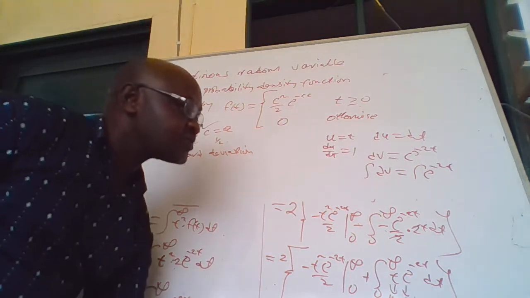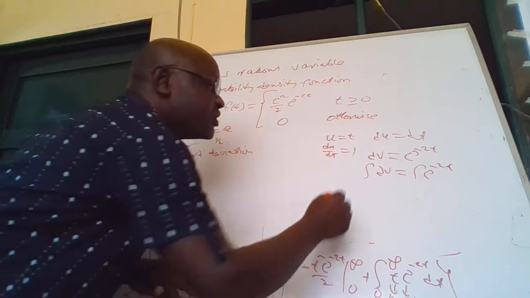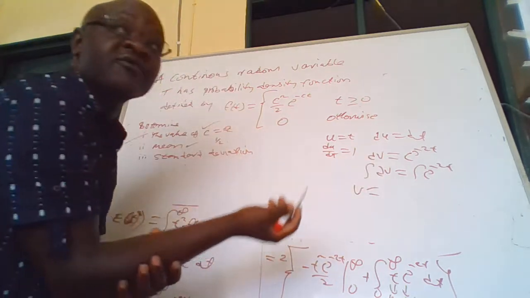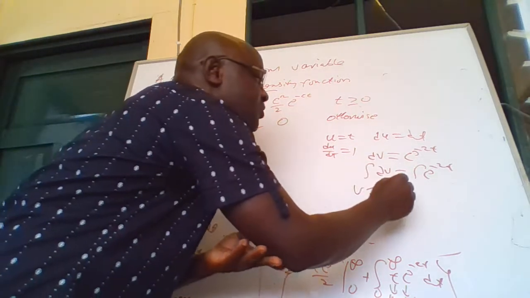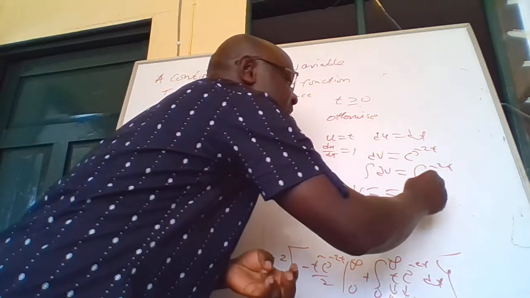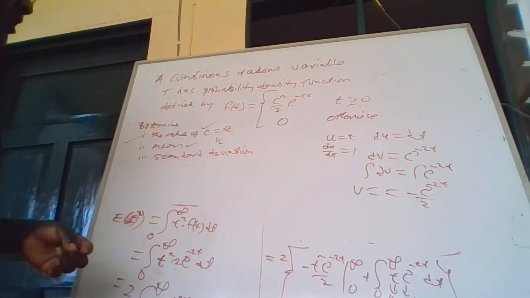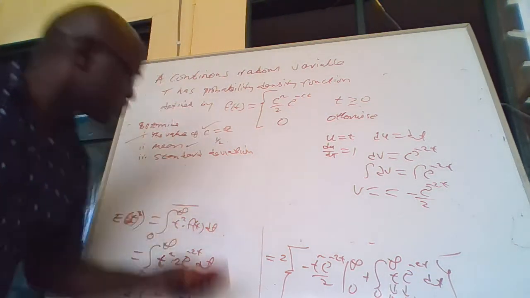Integrate both sides to get the value of v. When you integrate dv, you get v, and when you integrate exponent minus 2t, you get minus exponent minus 2t over 2.